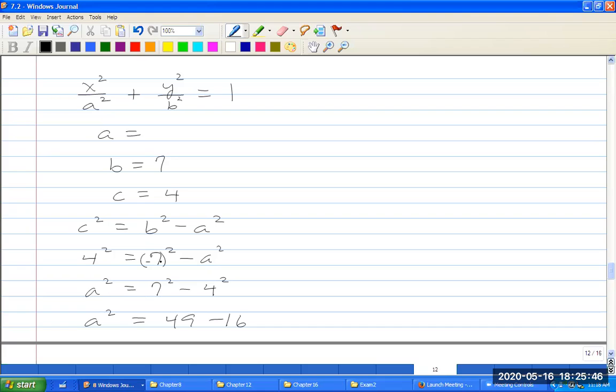What's -7 squared? Oh, +49. So that wouldn't matter then. It wouldn't matter, but we always let it be the positive one. I always let a and b be positive. Why? Because it doesn't make any difference, and positive is easier to deal with. So we just always let them be positive.